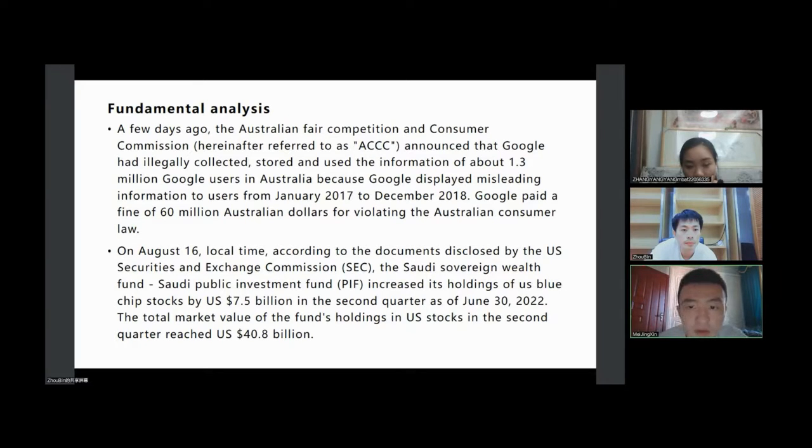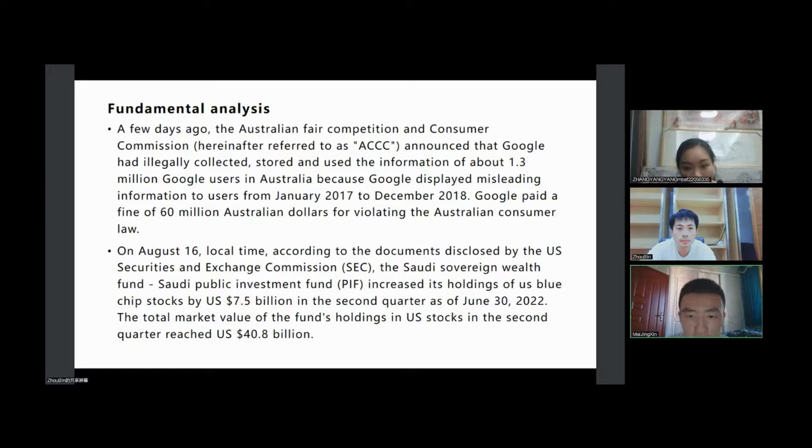Because Google displayed misleading information to users from January 2017 to December 2018, Google paid a fine of 30 million Australian dollars for violating the Australian consumer law on August 16, local time.